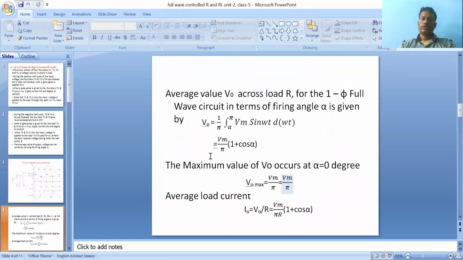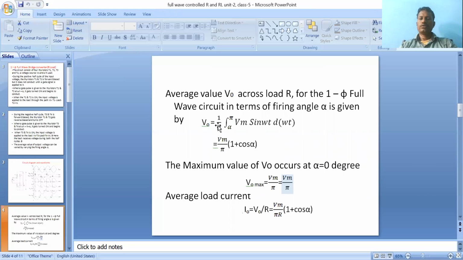We get the average output voltage as Vm by pi into 1 plus cos alpha. In the average output voltage, what is taken as 1 by 2 pi? The numerator denotes the number of pulses on the output side, and the denominator denotes the time period of one cycle.